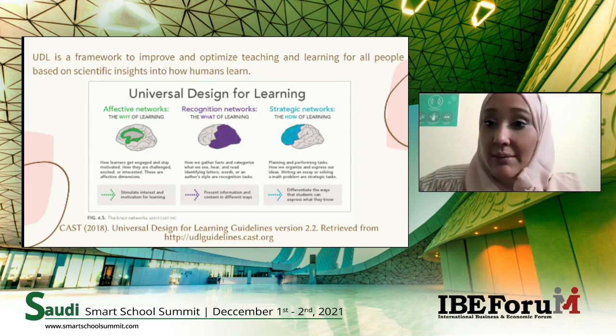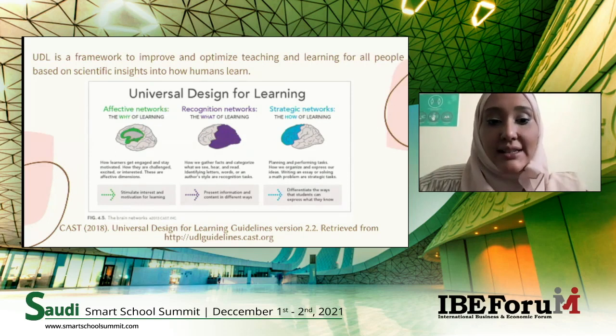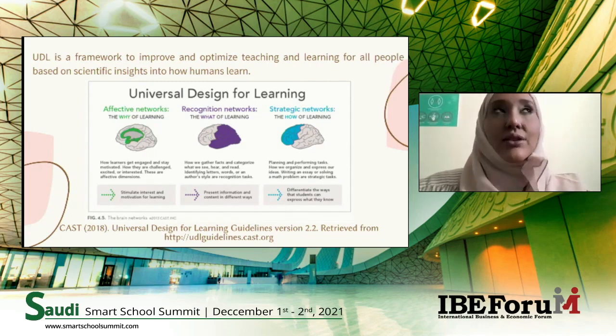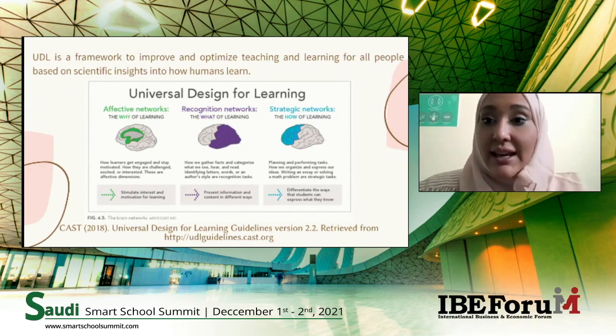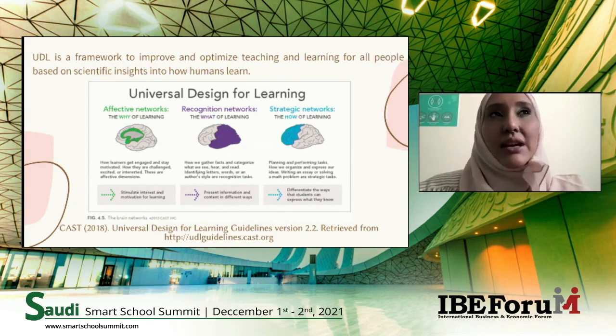So the aim and purpose of the affective network and the why of learning is to stimulate interest and motivation for learning. The second network, the second principle, is the what of learning, the recognition network. Here it talks about how we gather facts and categorize what we see. So it's basically about how we present information to students.